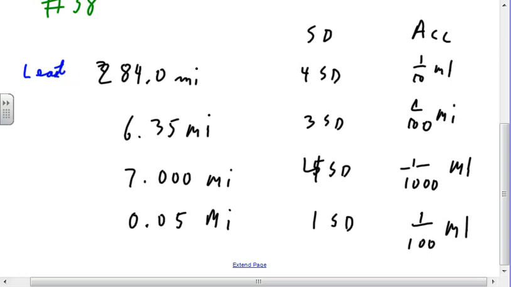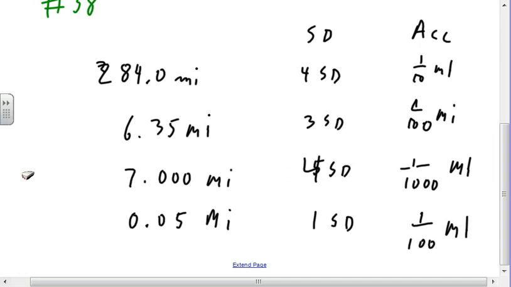We don't want least accurate, we want most accurate. Alright, well, let's answer the question then. The most accurate would be that guy. He's got 4 significant digits, and he's going to get down to 1/1,000th of a mile.